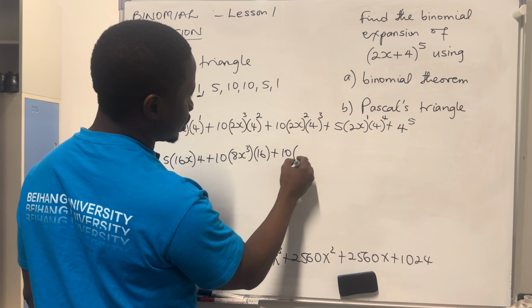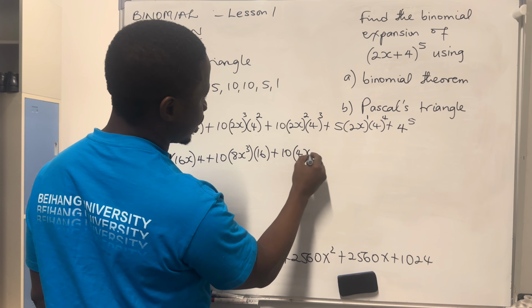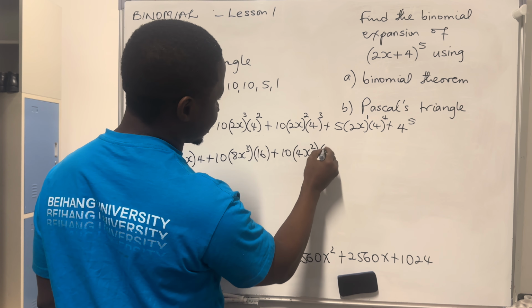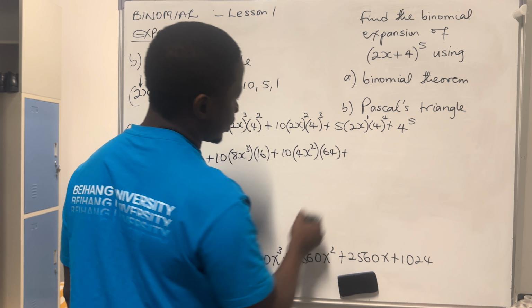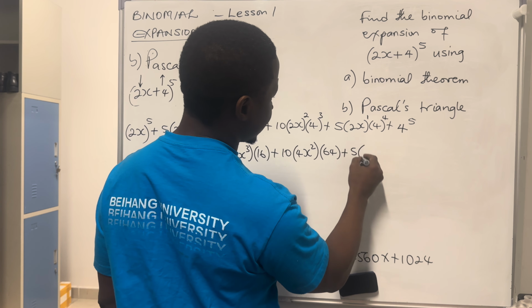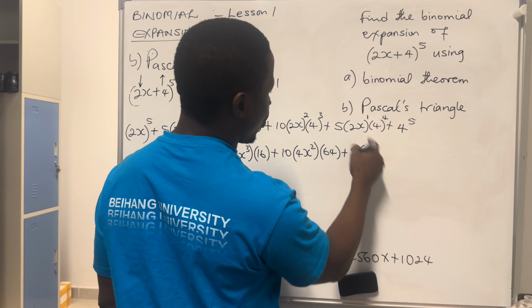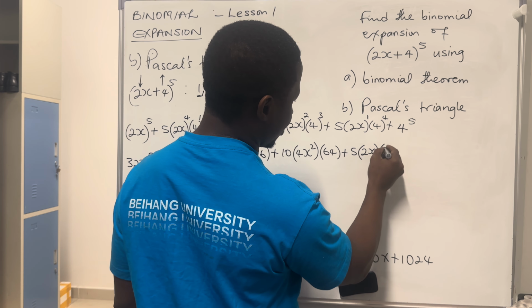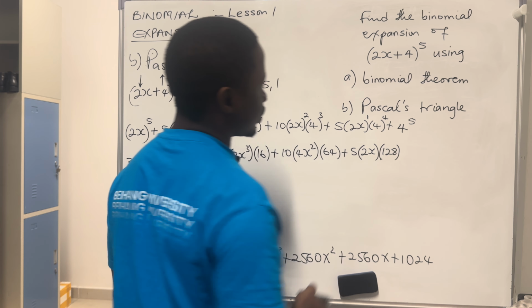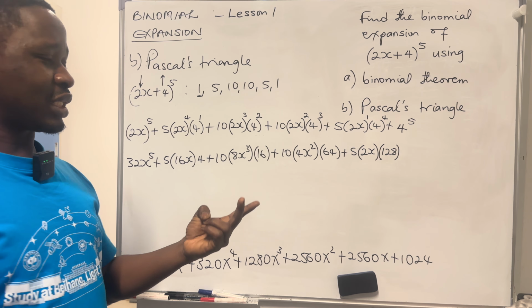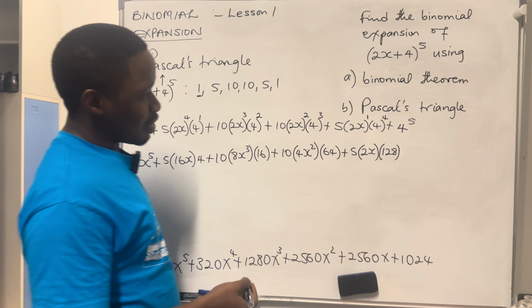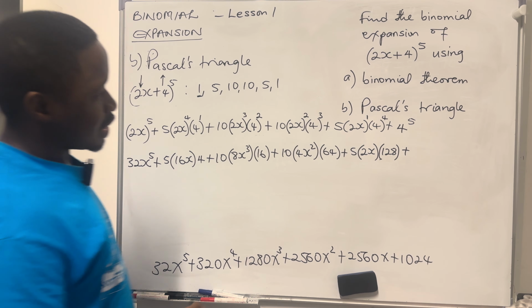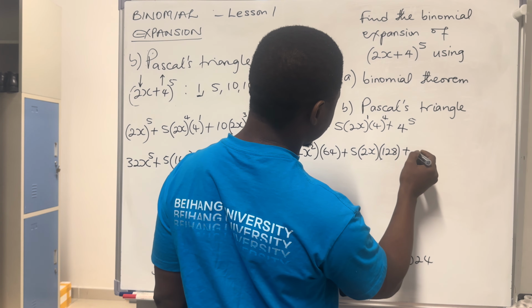This is 10. 2 to the power 2 is 4, x squared. 4 to the power 3 is 64. This is 5. 2x to the power 1 is 2x. 4 to the power 4: 4 times 4 is 16, 16 times 4 is 64.